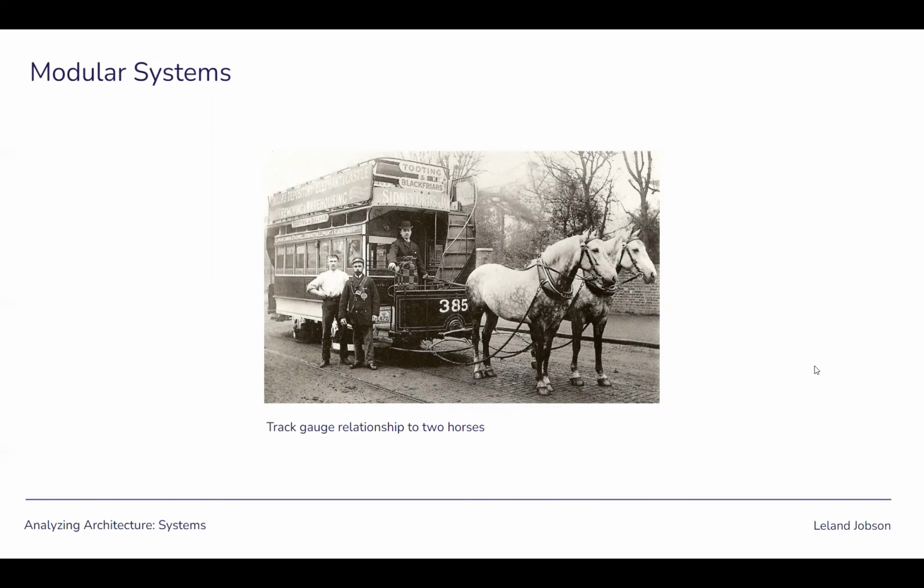So you may have heard this really interesting story about why trains are the scale that they are, why they're the width that they are. The first trains were pulled by humans, but then I think at the same time, or maybe shortly thereafter, they were pulled by horses.